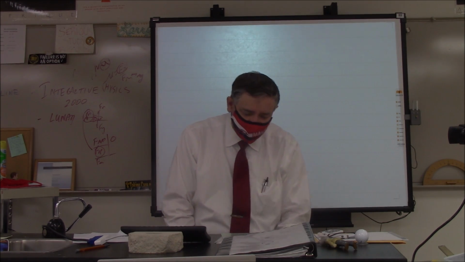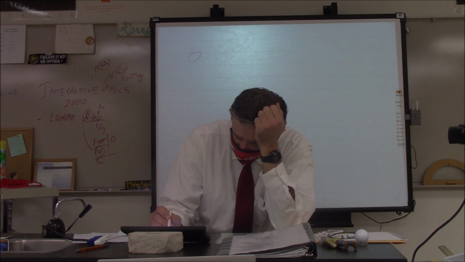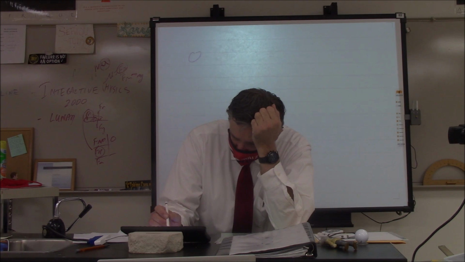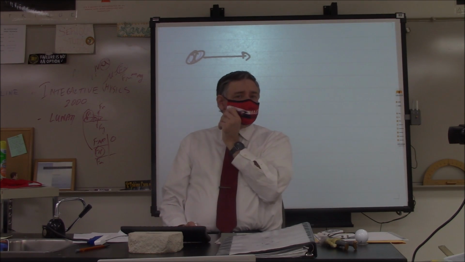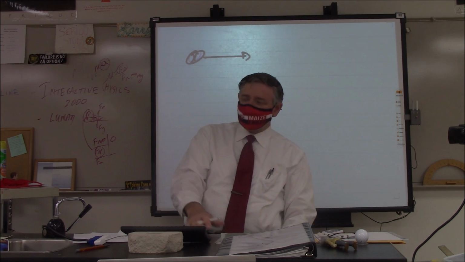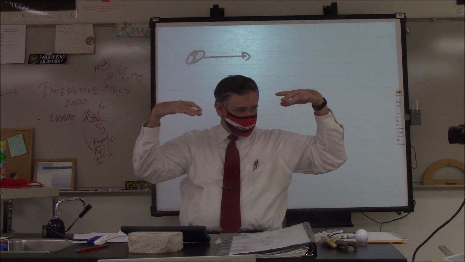So on number one, here's the deal. Even if you look at that question about the baseballs, here's the setup, here's the baseball, boom, it's going to be launched like this. Look at what is a factor and what is not a factor in terms of how far this ball is going to fall.